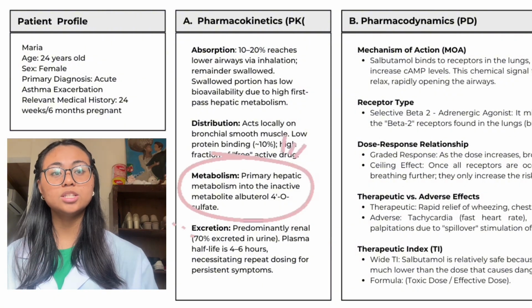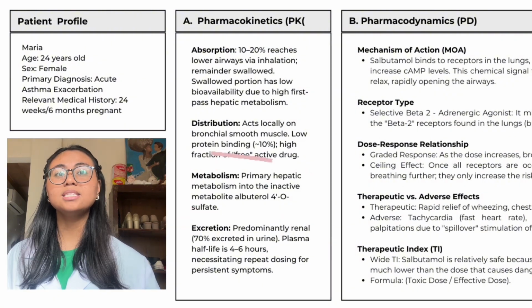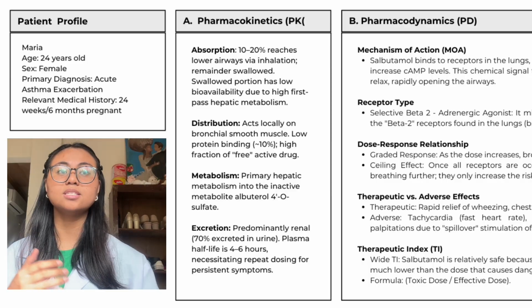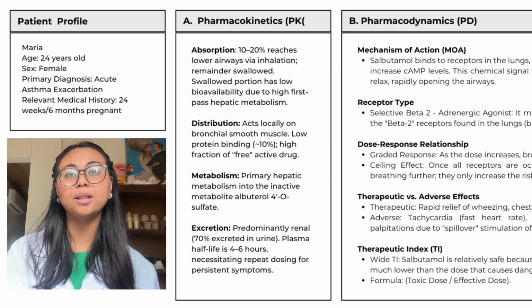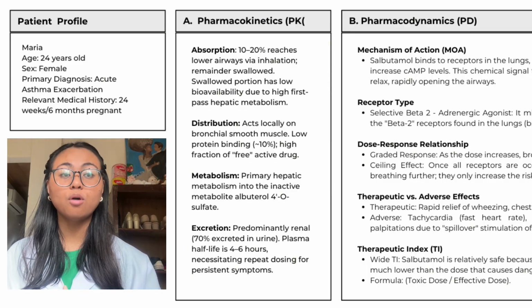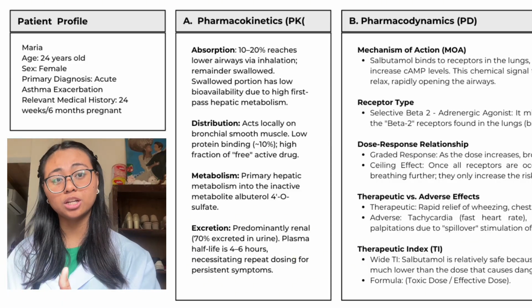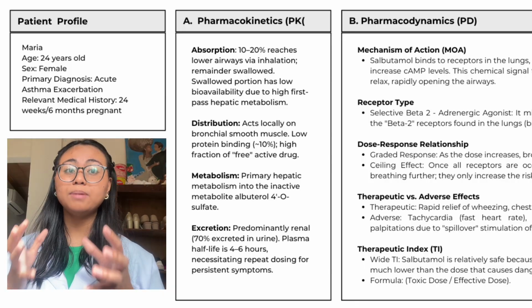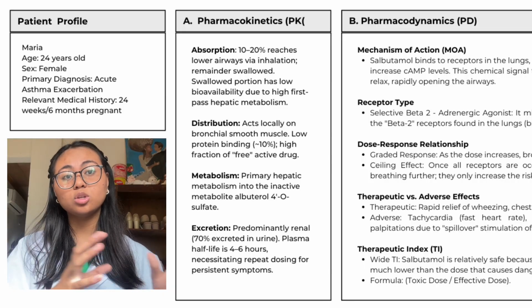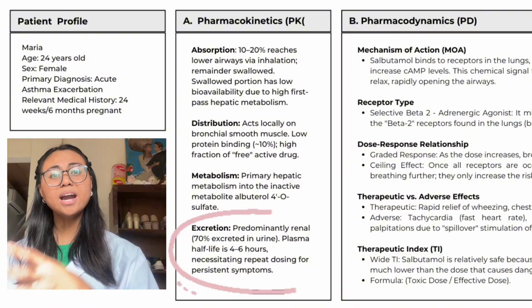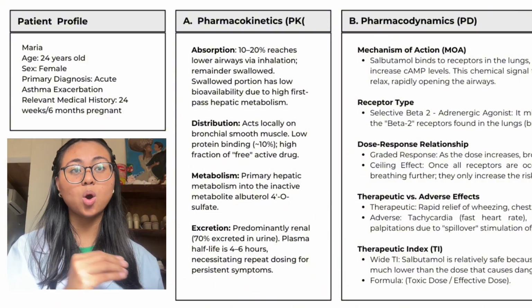The third one is the metabolism. The liver processes the drug into an inactive metabolite called albuterol 4-O-sulfate, which is essentially the trash version of the medicine and is now readied for excretion. Finally, the kidneys take over.